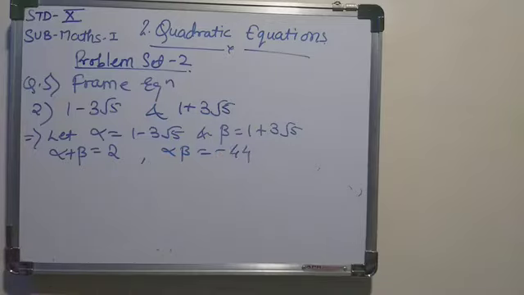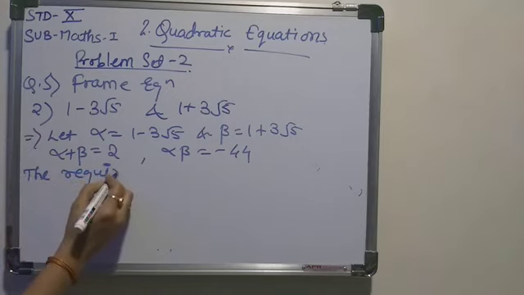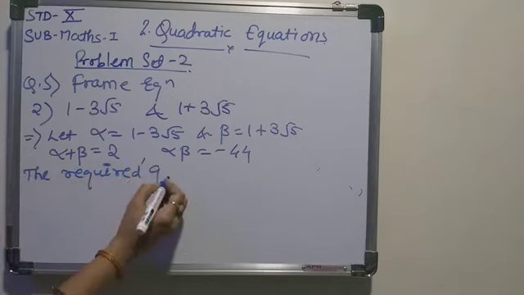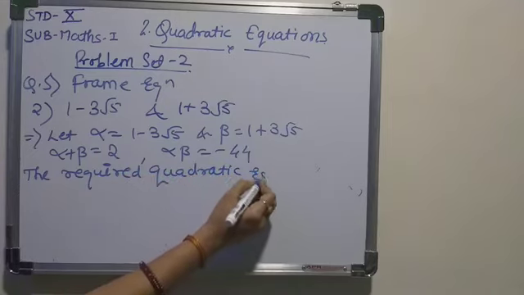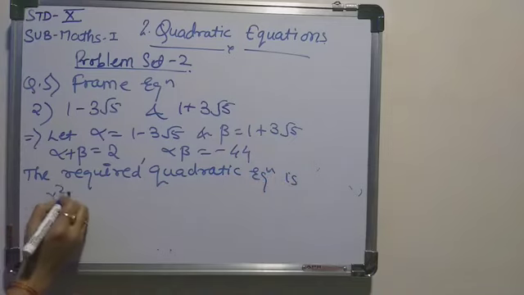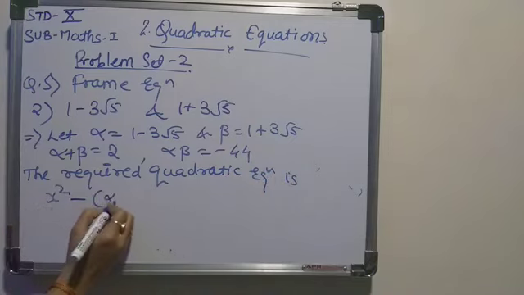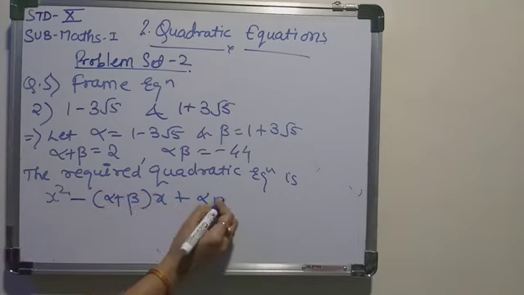So next step is we have to frame the equation. So the required quadratic equation is x square minus (alpha plus beta) x plus alpha into beta is equal to 0.